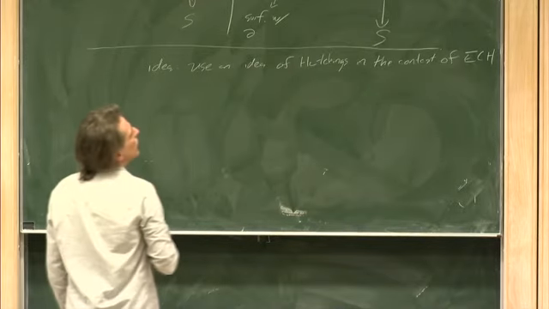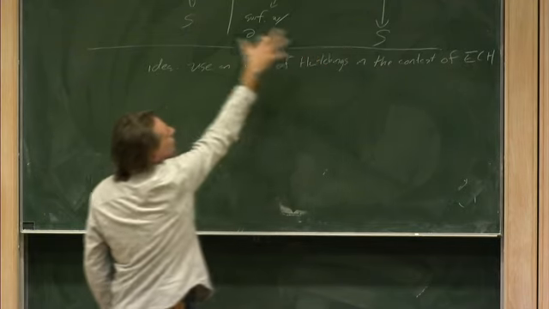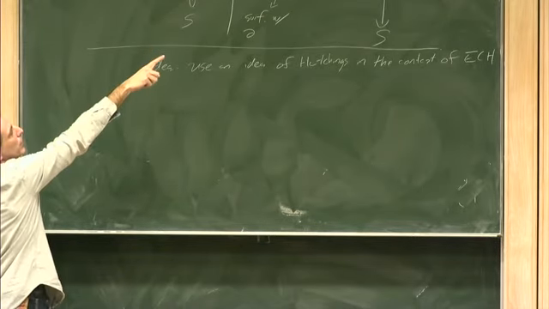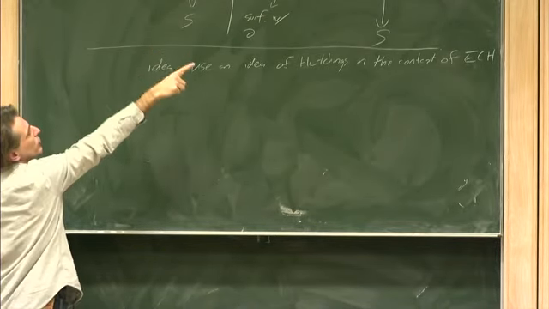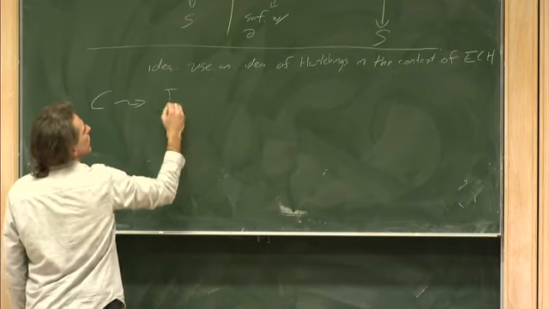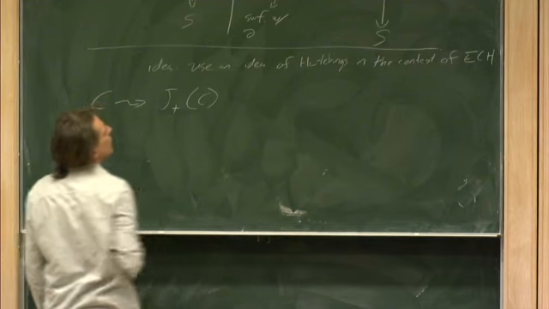And so his idea was, this is the reason that we'd like to do it like this. Contact homology is very similar to this setup up here. And so what we do with this cylindrical reformulation is to such a curve C, which is being counted by the differential, you want to associate some integer, which I'll call J plus of C.